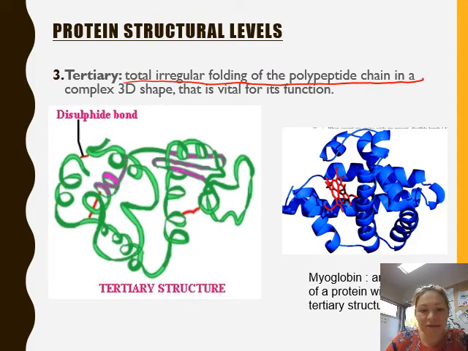And this comes about because some amino acids, as we saw before, carry a charge. If you've got 2 positive parts of an amino acid, they're going to fold away from each other. Whereas if you've got a positive area and a negative area, they're going to be attracted together and fold inward on itself.